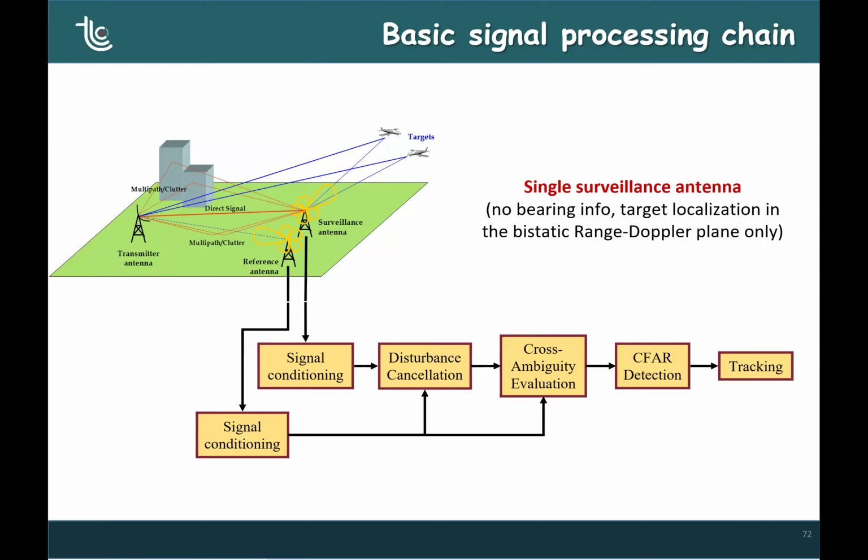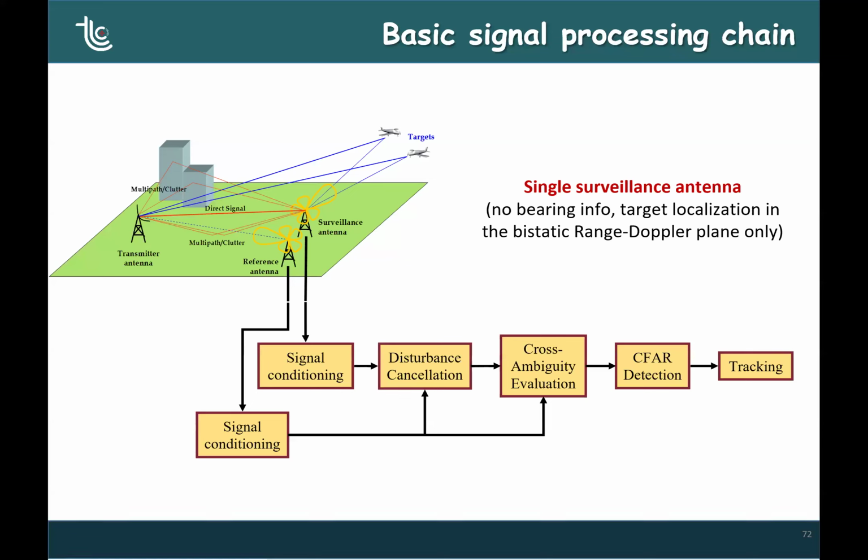Then we have seen also the range resolution, the frequency resolution. Then we looked also at the bistatic ambiguity function, and we have seen that it changes depending not only on the waveform, but also on the geometry.